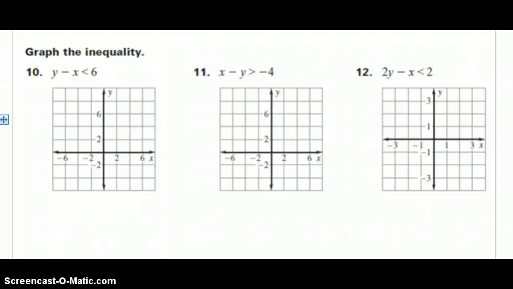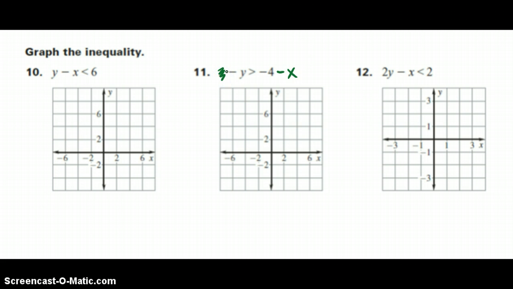So we always have two steps when we're solving an equation or an inequality for y, right? The first step is always move the x. So how are we going to move that x term over to the right-hand side? If you said subtract it, you're right. It is positive on the left-hand side, so we're going to subtract it. That's going to move it over to the right-hand side. That's always our first step.